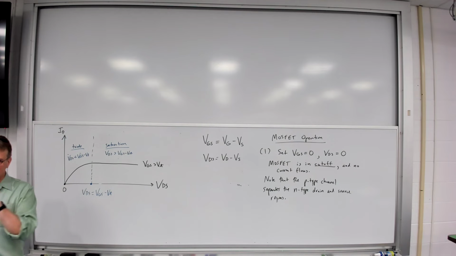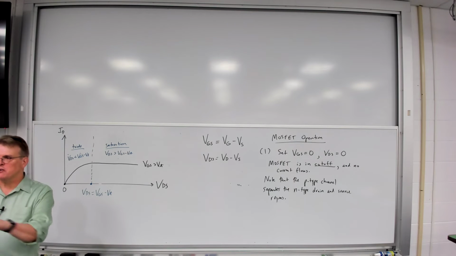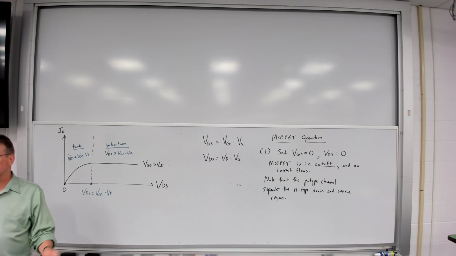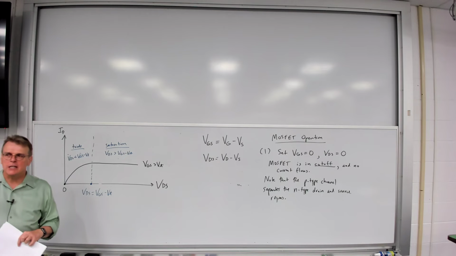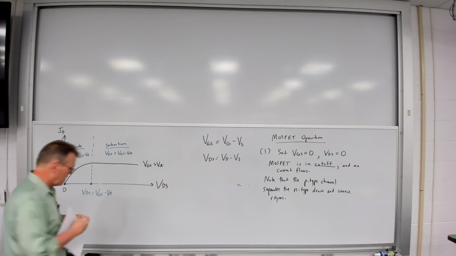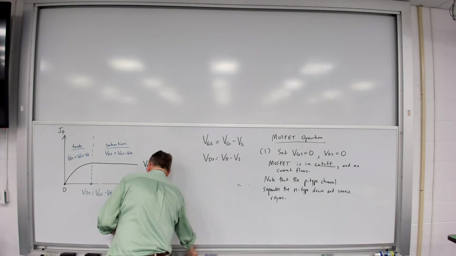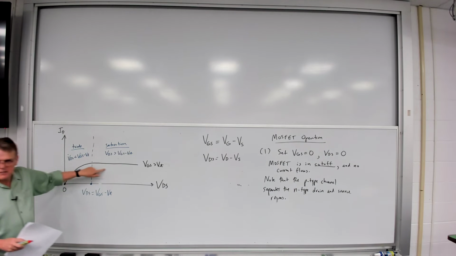Now, as I said before, we assume the channel geometry doesn't change at all. To the first order, that's true. But actually, increasing VDS does slightly alter the channel geometry above the cutoff region. And what we'll find instead is, ideally, the current's constant.